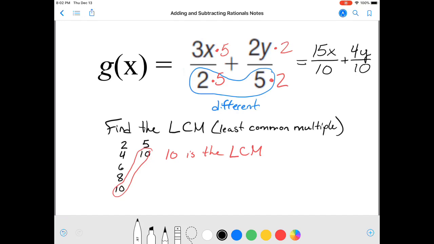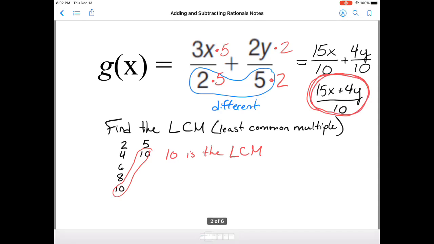Now that we have a common denominator, all we have to do is add the numerators together. Since 15x and 4y are not like terms, we can't combine them any further. We can just give them the same denominator of 10, and that's going to be our final answer.